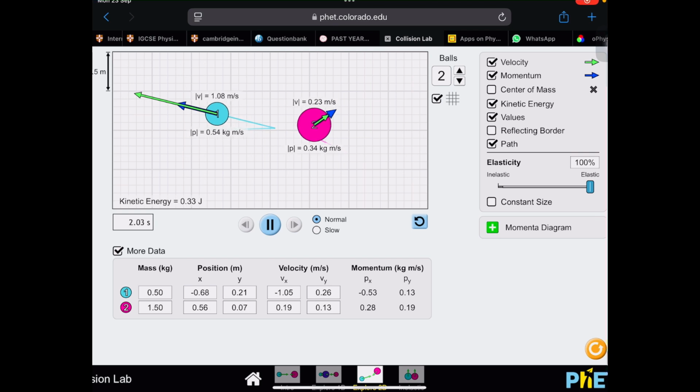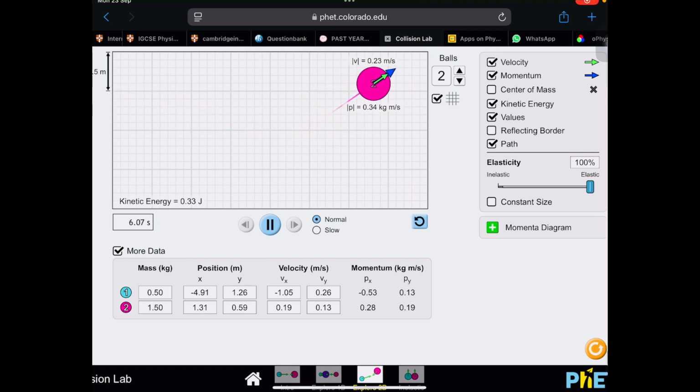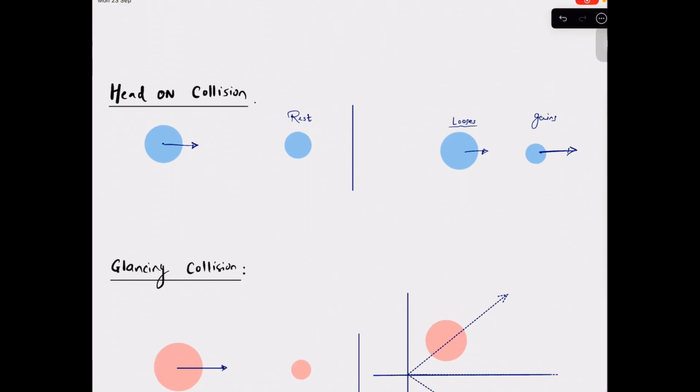We do apply the law of conservation of momentum, but this time in both directions, x and y respectively. In one-dimensional motion, this is called a head-on collision, where the first object collides with the second object, and then the first object loses its momentum and the second object gains momentum.